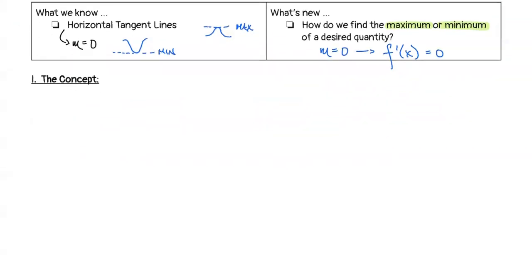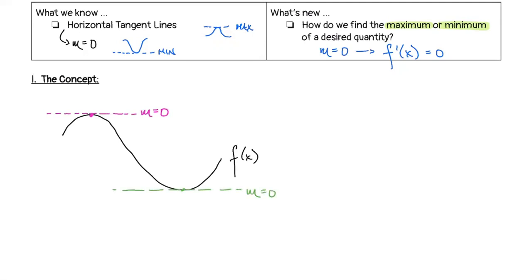I'm going to draw a picture here that involves a maximum as well as a minimum. Let's say we have some function, we'll call this f of x. We have one point where the slope is 0, and we have another point down here where the slope is 0.